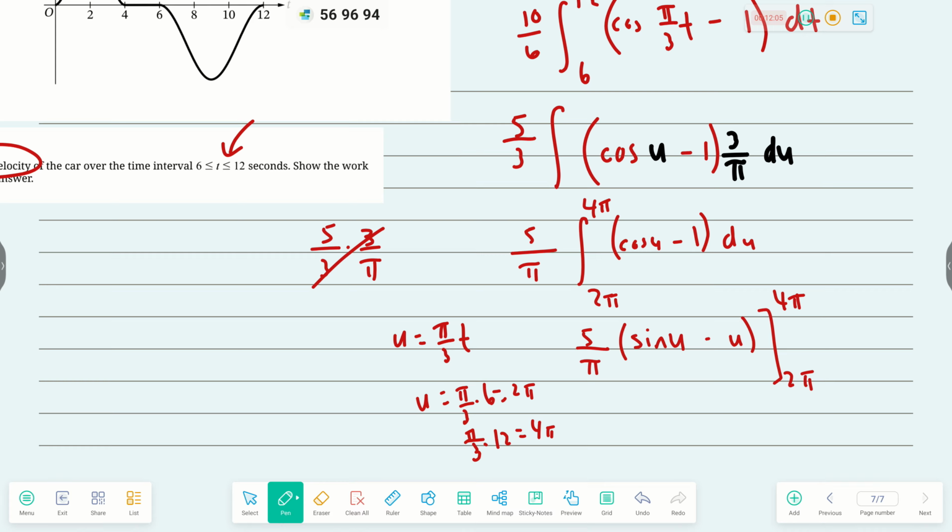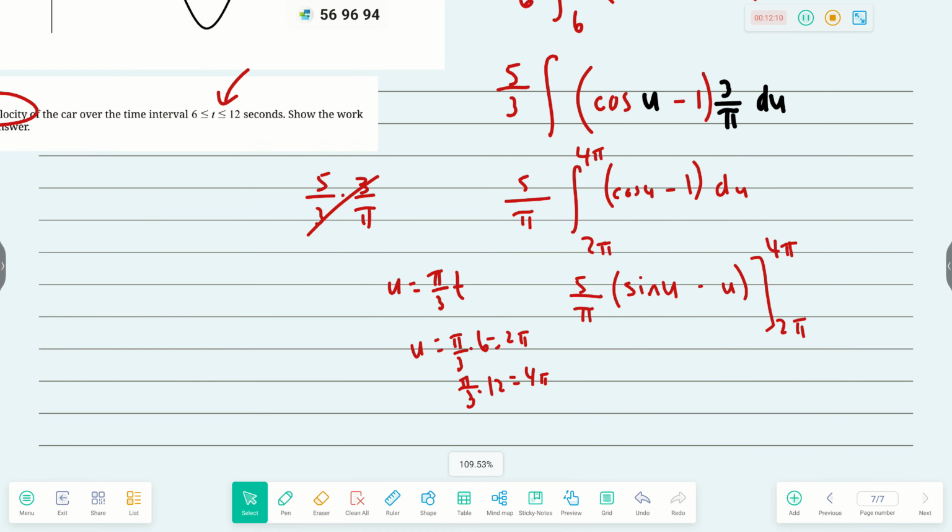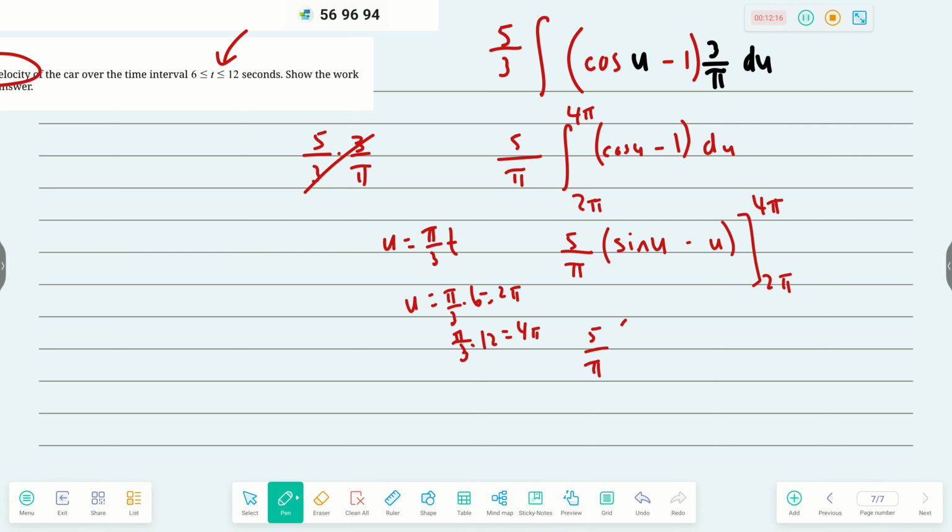So that's going to be 5 over pi times, let's put 4 pi in there. So it's the sine of 4 pi minus 4 pi, minus the sine of 2 pi minus 2 pi.